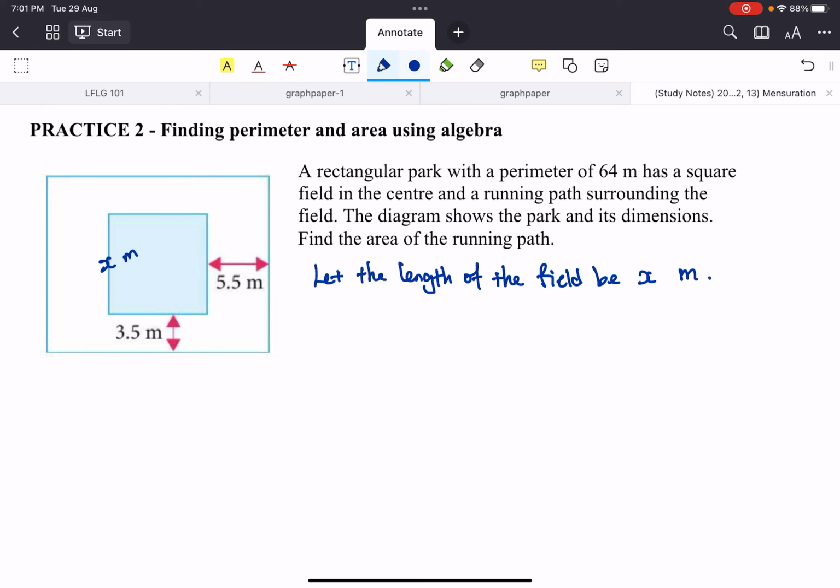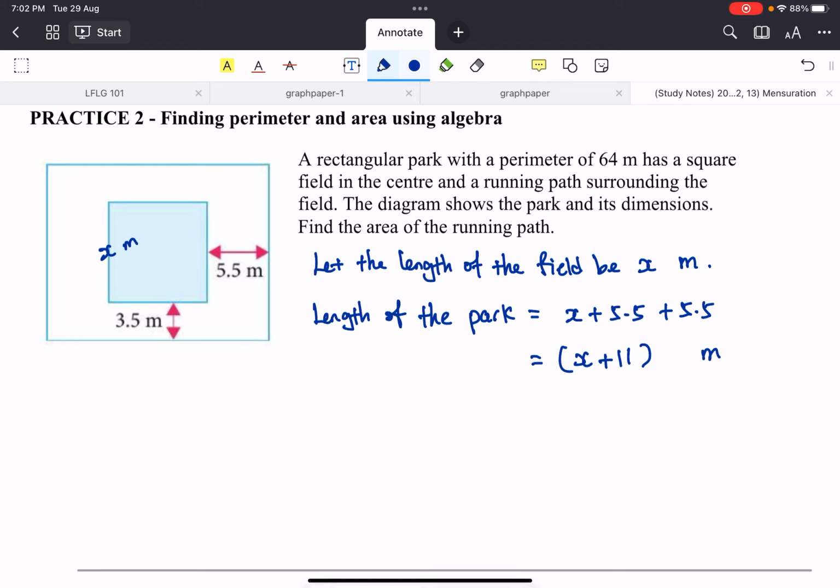We need to know the length of the park as well as the breadth of the park. So the length of the park will be equal to x plus 5.5 plus 5.5, since it's 5.5 on two sides. That will result in x plus 11. This is the length, and let's put the units here so that we are aware: x plus 11 meters.